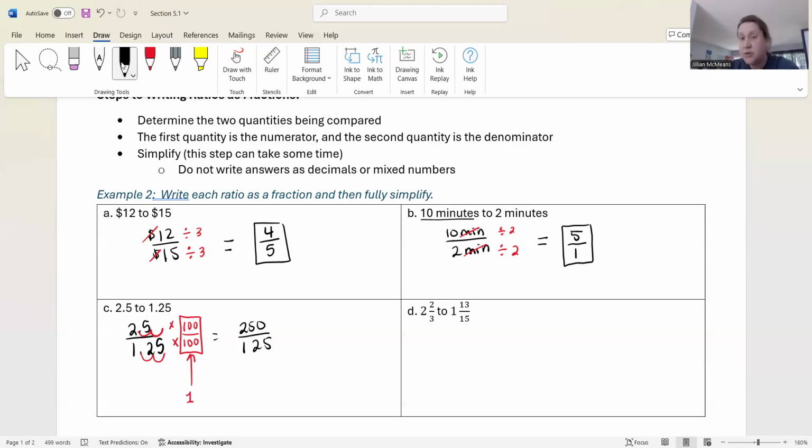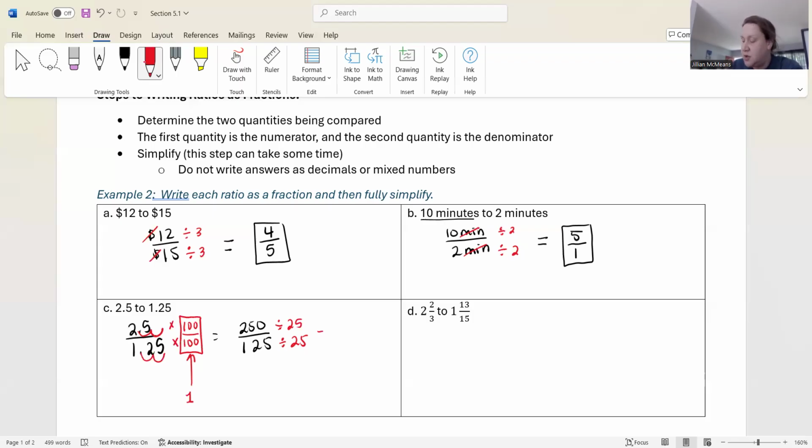Okay? Now 250 and 125, we can reduce that a little bit easier because we know they're both going to be divisible by at least 25. So let's start with 25. Well, for every 100 that we have in 250, we're going to get 4 25s. So we have 200, so that means 25 will go into 200 8 times, and then that 50, 25 will go in it 2 more times.